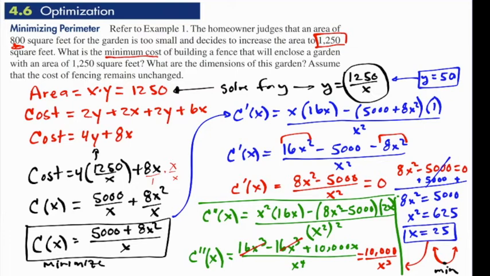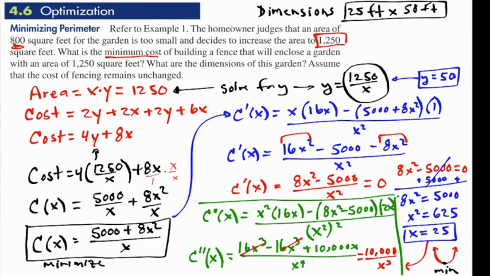So now we can take these dimensions that we found. X is 25. And y is 50. And we can use this to then determine what is the minimum cost.